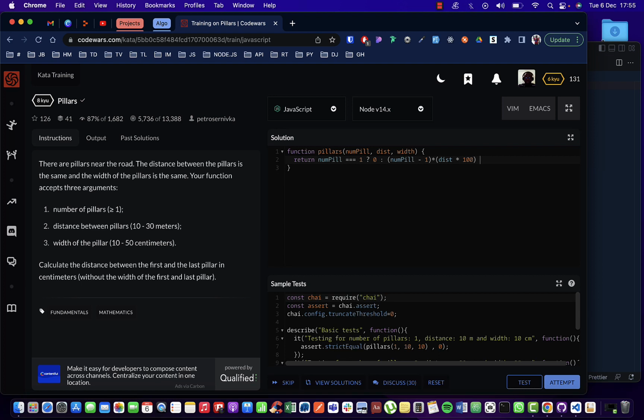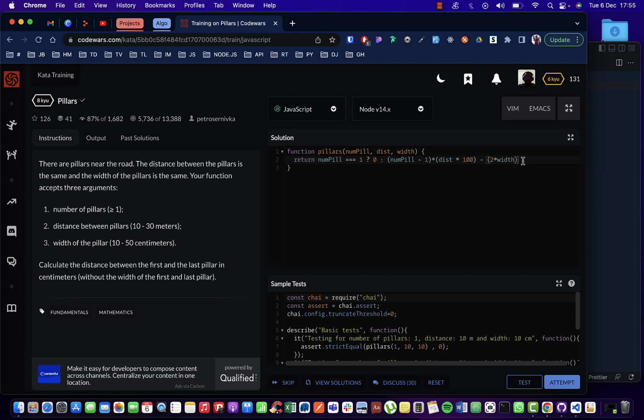And to do that, we are going to say minus, in this way, 2 times the width of the pillar. So it means that if we have two pillars, for instance, then we are going to subtract the width of the two pillars.